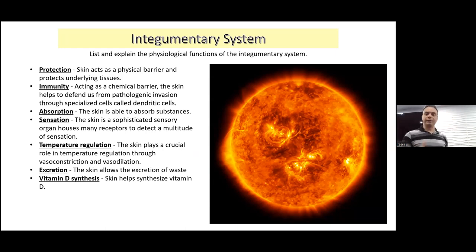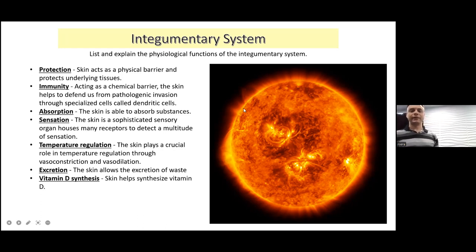So not only can we excrete waste, but we can also secrete actual vital substances. And then lastly, our skin can synthesize vitamin D out of sunlight. We all know that vitamin D is something we need. Go out in the sun for a few minutes, get a little bit of that synthesization, feeling good, right?